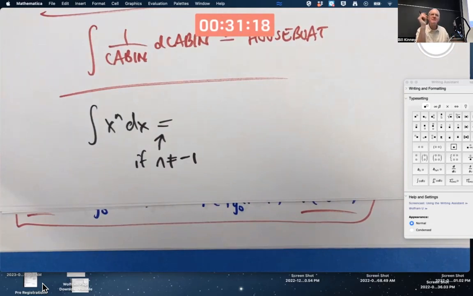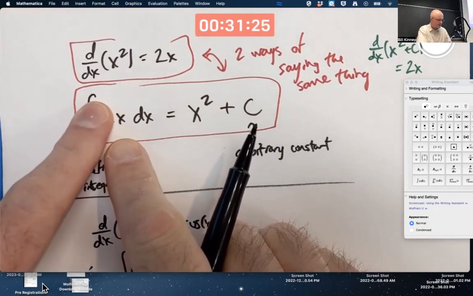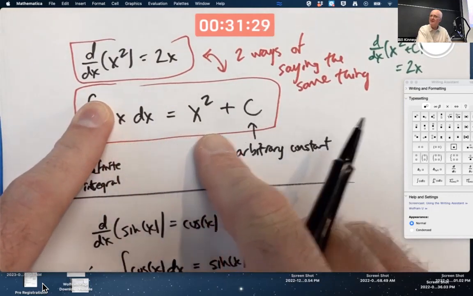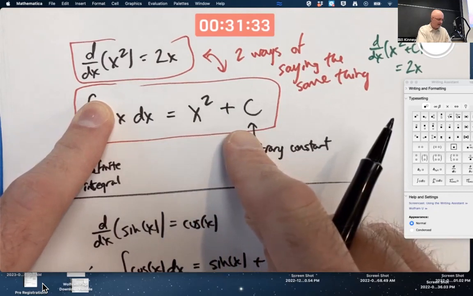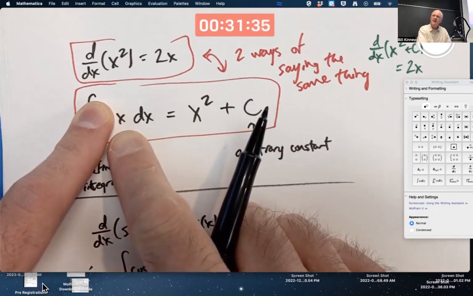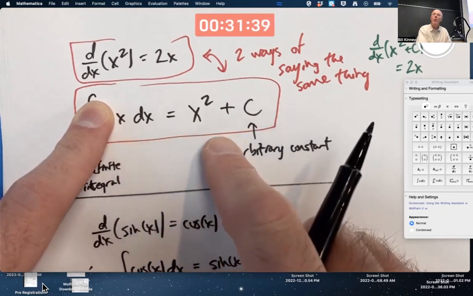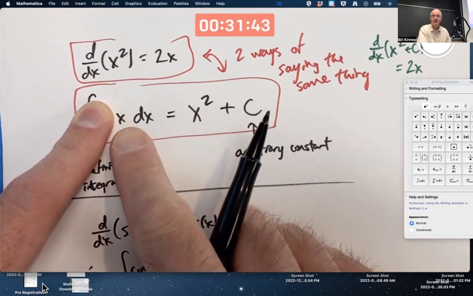Think about some examples. If we just integrated a plain old x here instead of a 2x, I guess the answer should have been 1/2 x squared plus c. If this were an x squared there, it would have to involve an x cubed, maybe a 1/3 x cubed plus c.